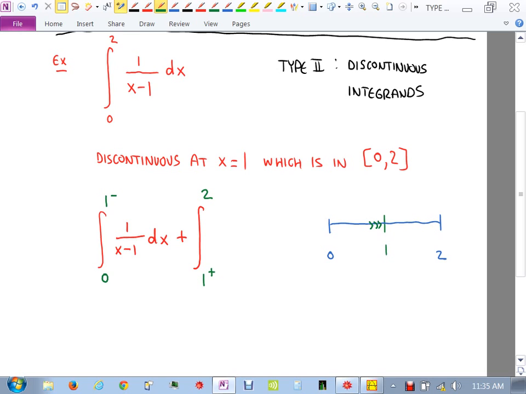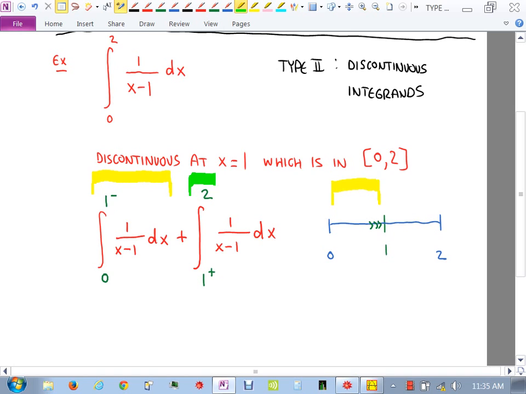If you want to come in from the left, you do this. If you want to come in from the right, you do this. So that's this, and then 1 over x minus 1 dx. So if you wanted to, you could say, look, this integral corresponds to this interval, and this integral here corresponds to this interval. So we're doing 2 separate pieces, right?